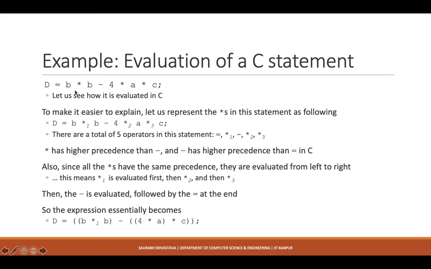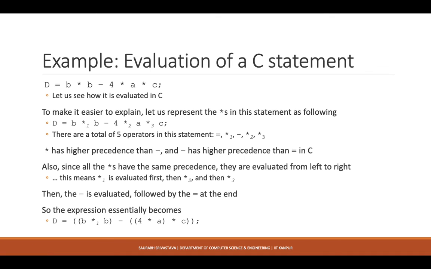So this is how the evaluation takes place. First b asterisk b is calculated, then 4 asterisk a is calculated, and whatever the product is, it is multiplied by c. Now you have this particular term evaluated, and then finally this minus, which has higher priority than equal to, is calculated.